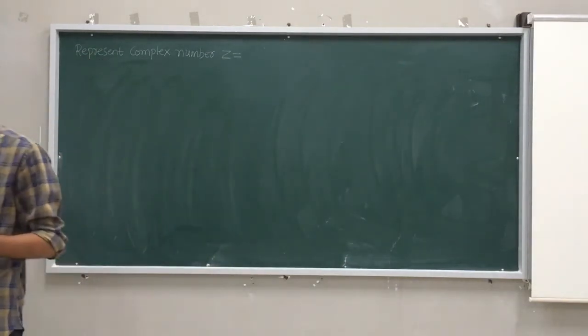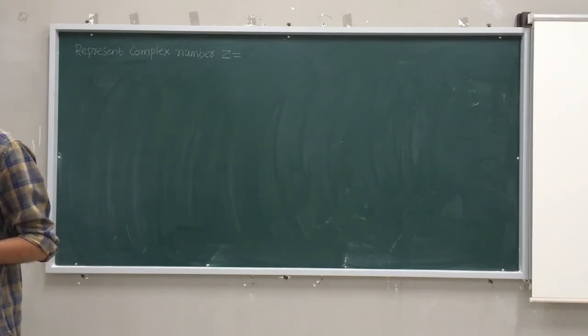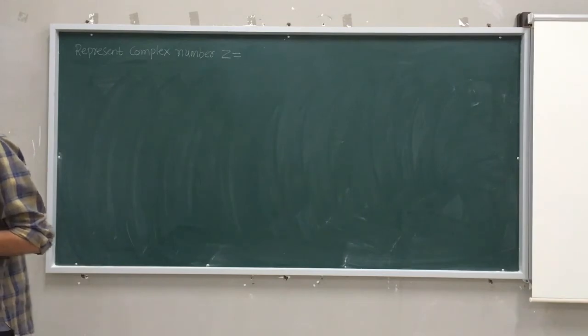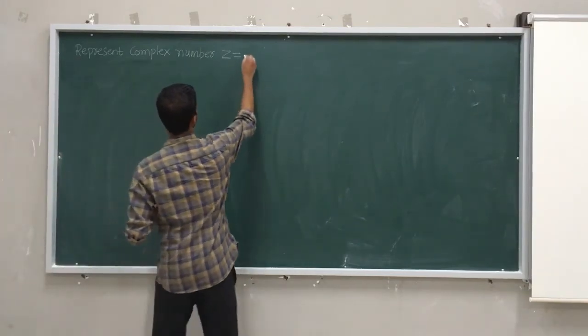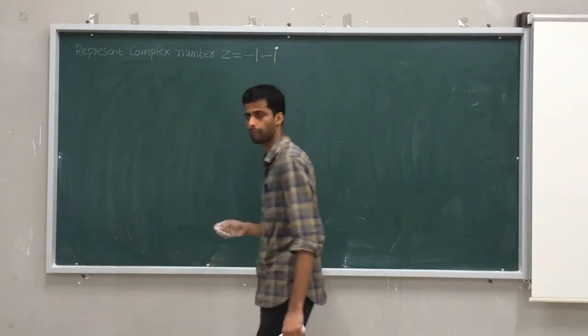So let me take one more question based on the polar form, and with this I will wind up the session on complex numbers. Represent the complex number minus 1 minus i in polar form.